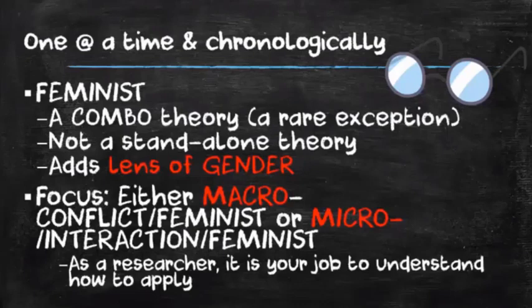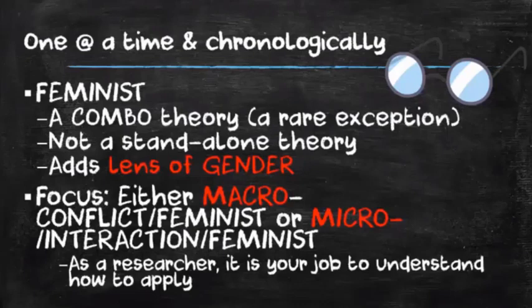If we are using a macro level conflict perspective and we want to examine things by the lens of gender, then we are using feminist theory at the macro level, but conflict is the answer to the two key questions. If we want to use feminist theory at the micro level, we are using interaction theory and adding the lens of gender. However, the answers to the two key questions are the same as they would be for symbolic interaction.